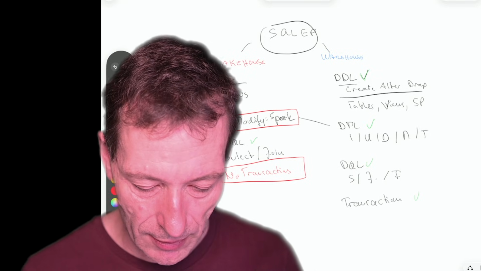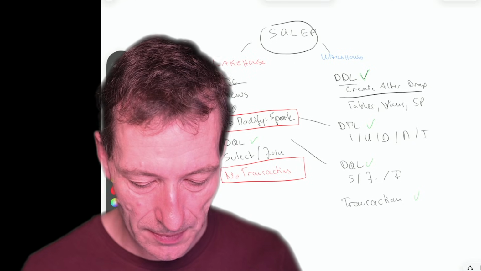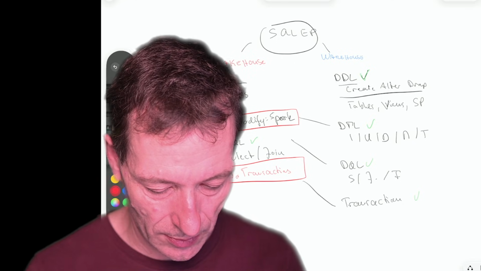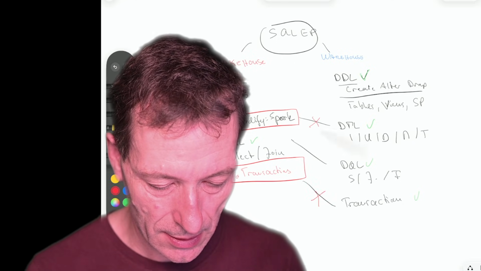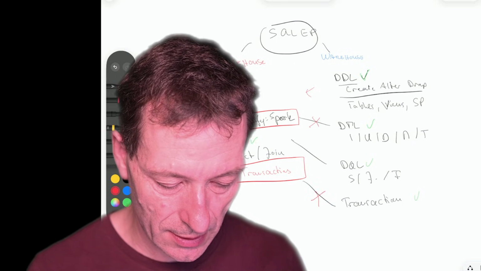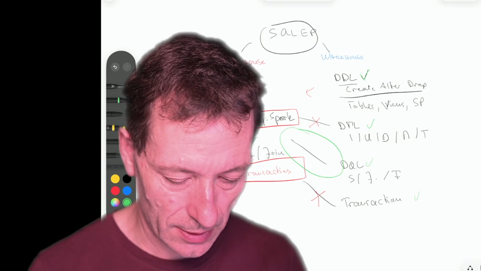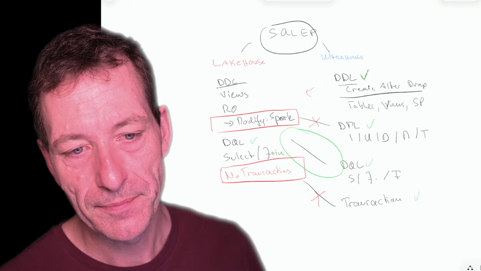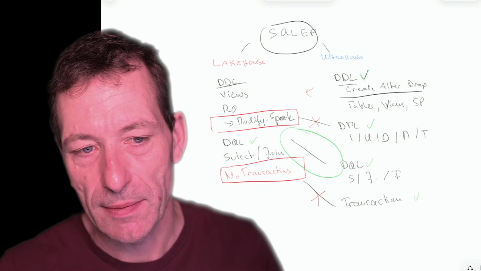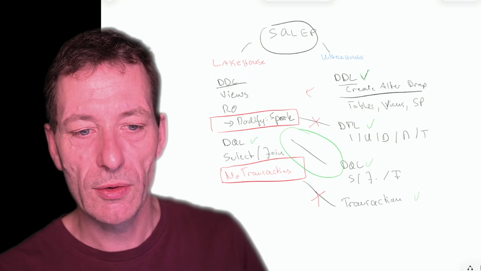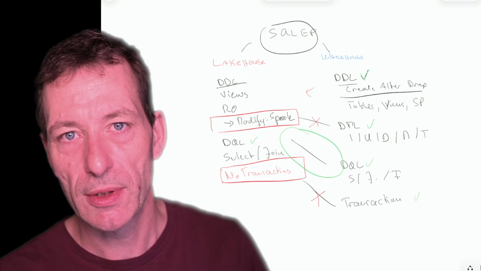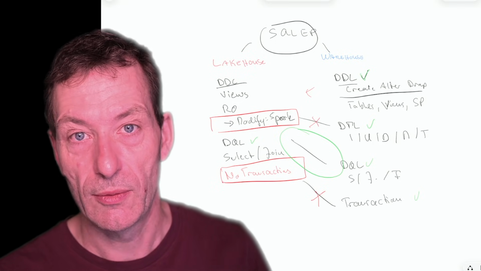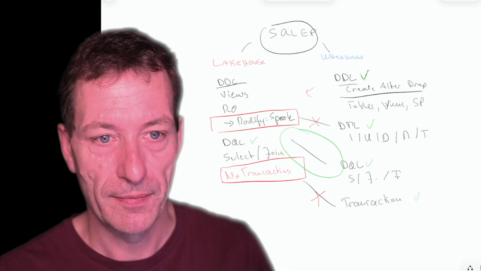The data query language is almost comparable, and the transactions are not comparable. So this is red, this is red, and this is red, and only this one is green. So well, that's it. So when you want a full-fledged SQL endpoint, you should go with warehouse, obviously.